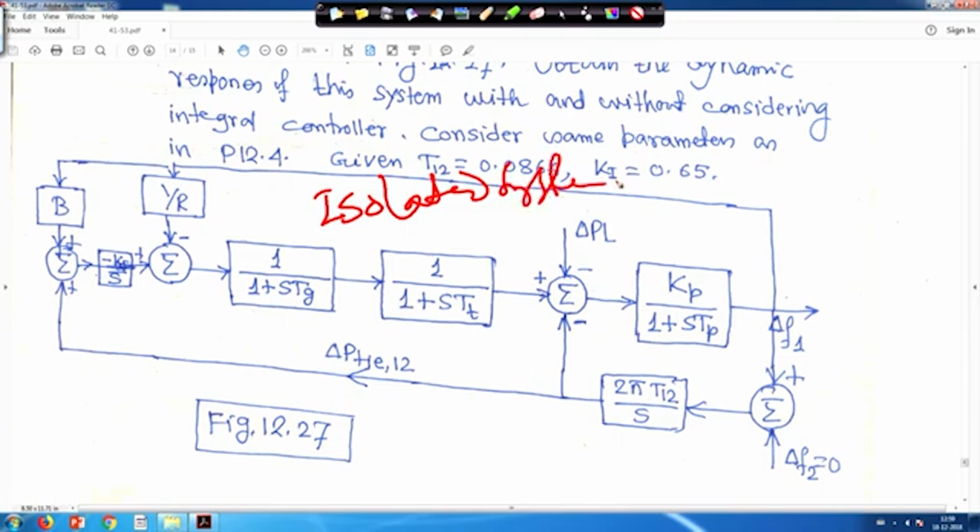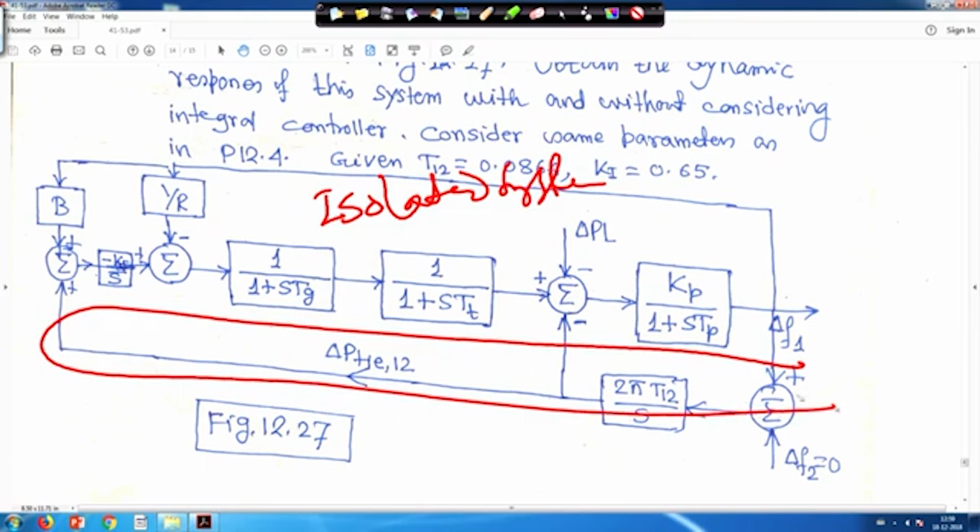For an isolated system, this part is not there, that we have seen also. It goes directly to minus Ki upon S, because for an isolated system it is simply a direct feedback.